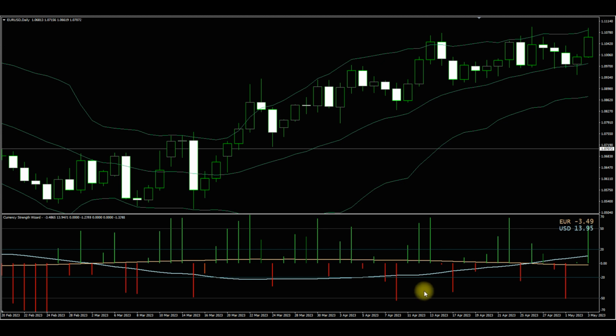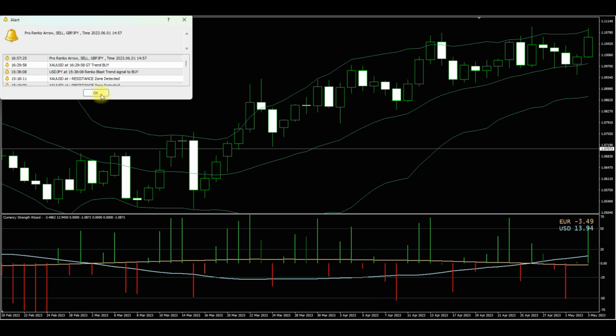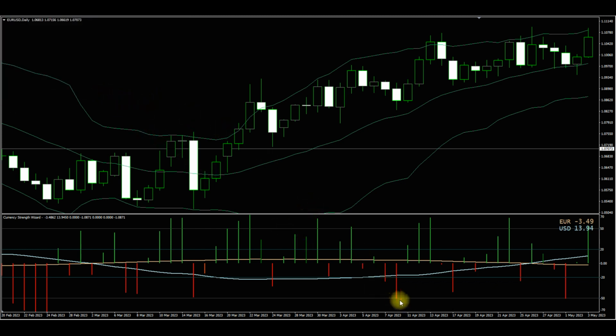So when you are using some lower time frame, for example M5, M15, or M1 time frame, it is important to use volume bars which appear at the level of minus 50 or 50.